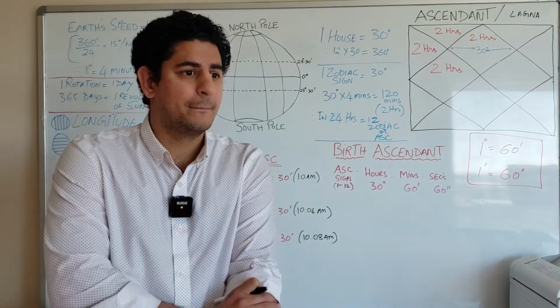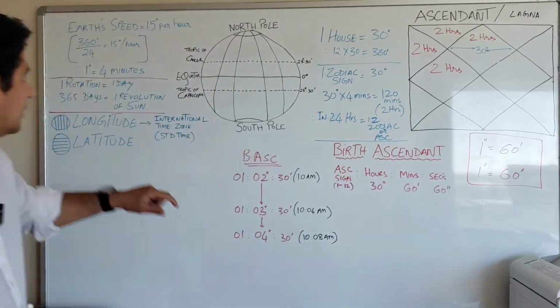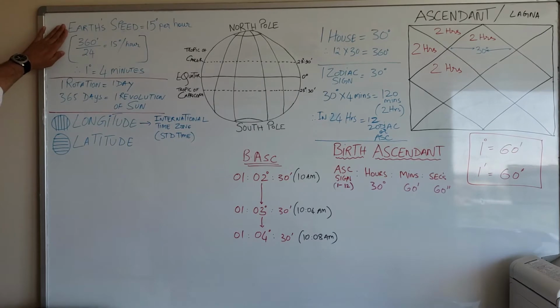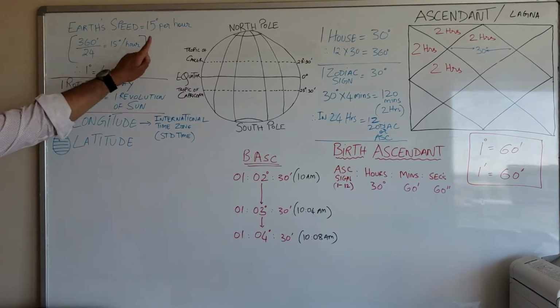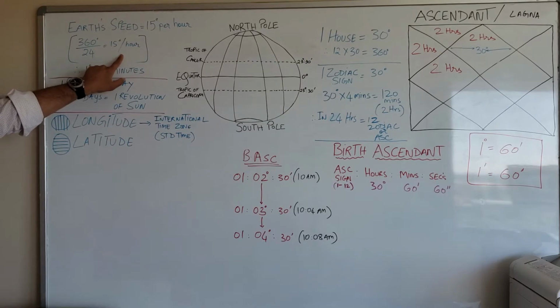So Earth rotates in 24 hours, which means that the speed of Earth is 15 degrees per hour. This comes from Earth rotating 360 degrees to complete one rotation in 24 hours, which means 15 degrees per hour.